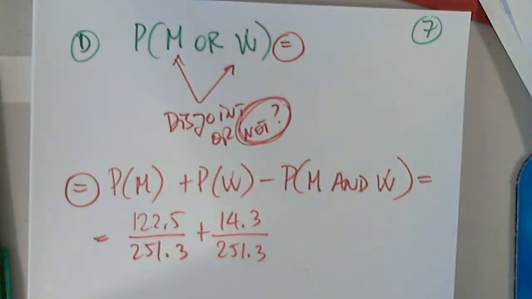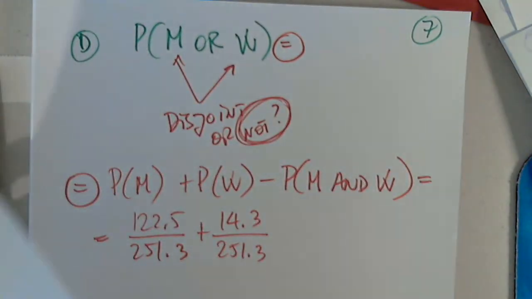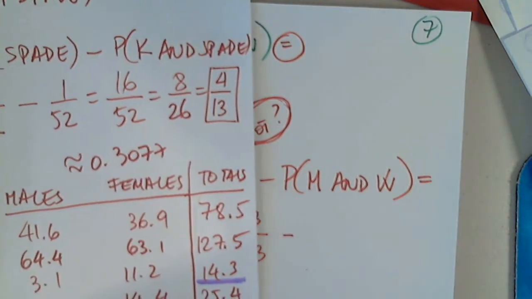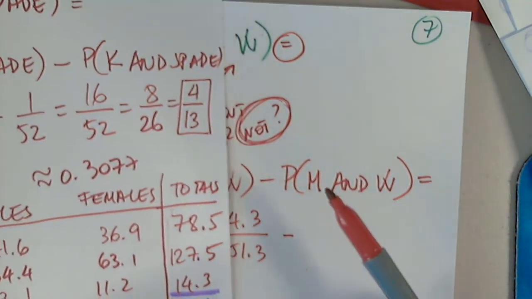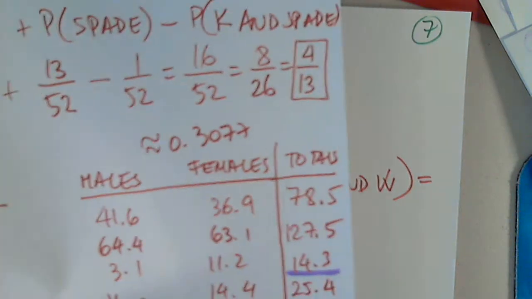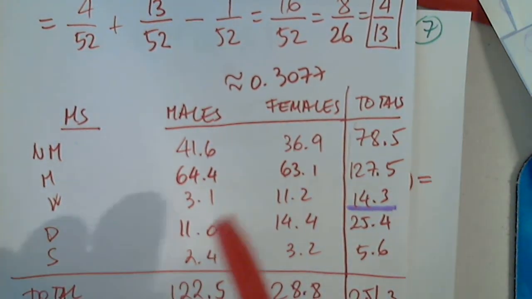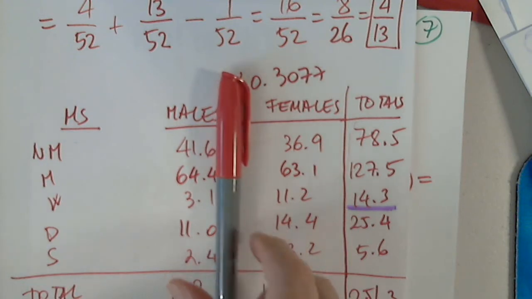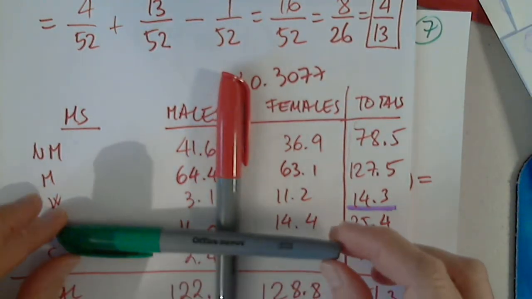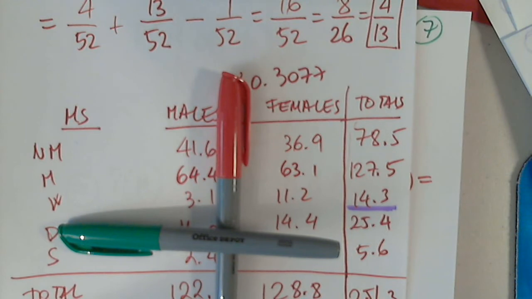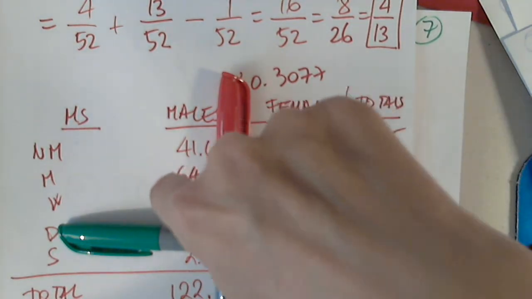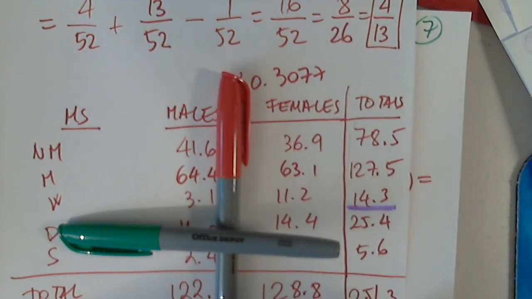Do we have M and W? No, we don't. Can anyone give us the probability of M and W? And how do we calculate it? They share the same one. It's 3.1. They both share 3.1.